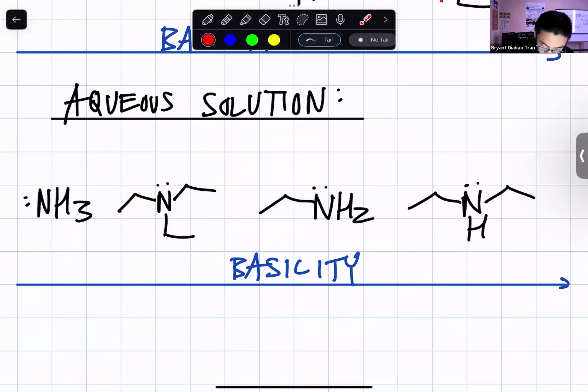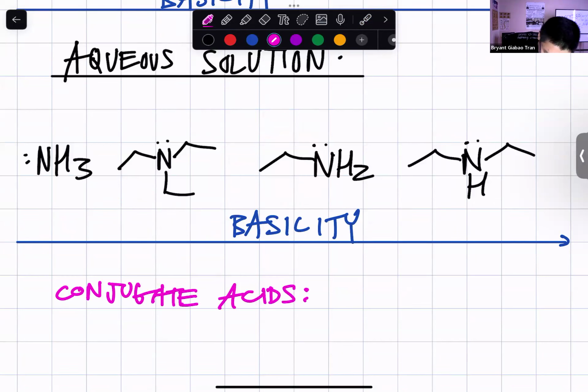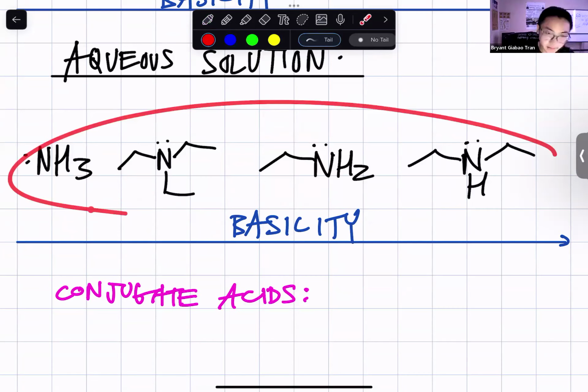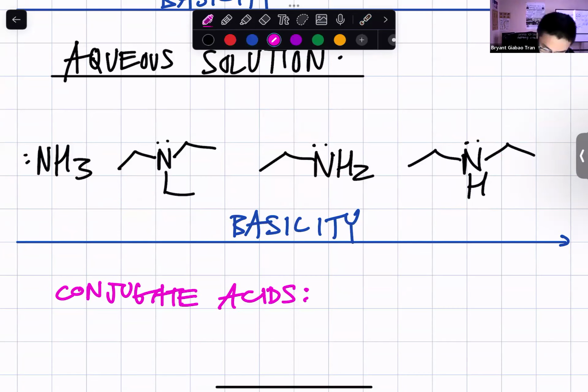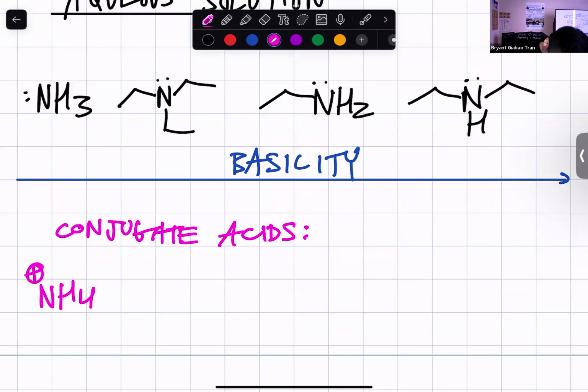So to explain this, I'm going to draw out the conjugate acids of these. Let's say some kind of acid is in the solution, protonating all of these amines. When we protonate all of these amines, we get these conjugate acids, where all of these nitrogens will now have a positive charge.